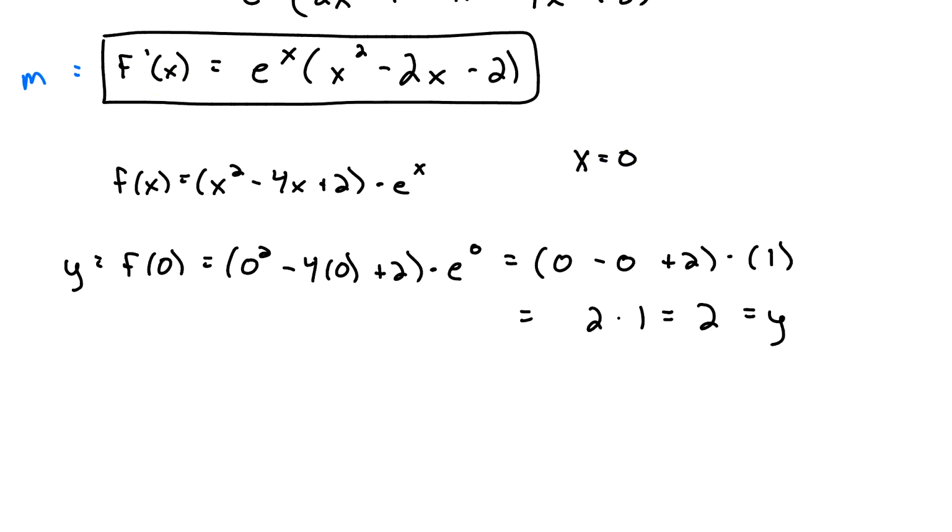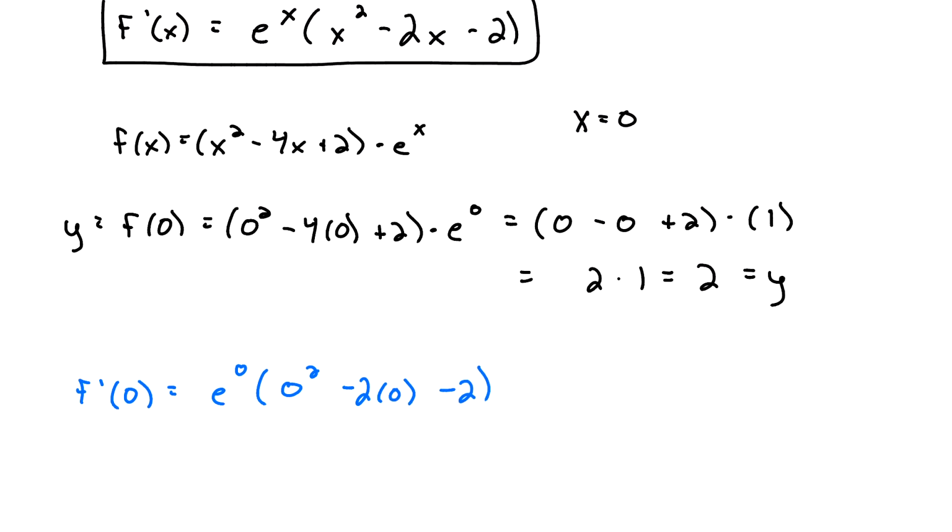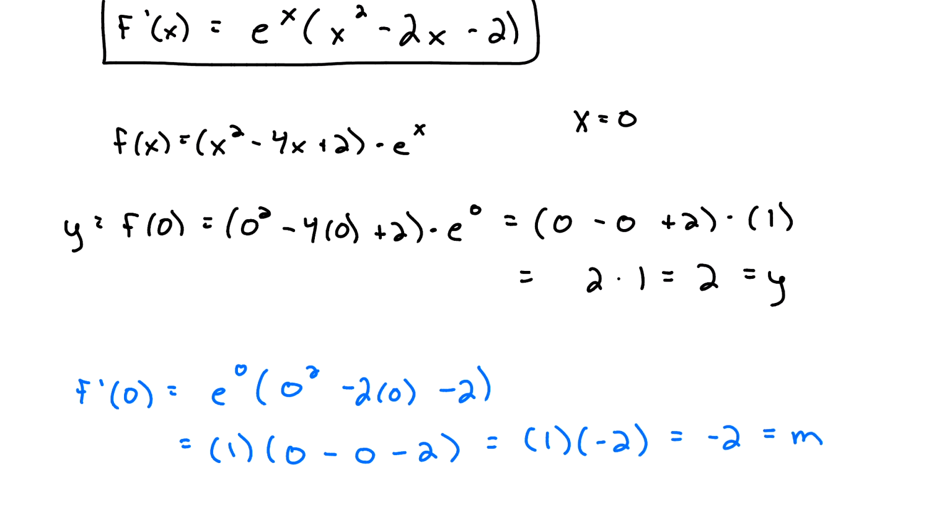So my next step, we'll say f prime of 0 is equal to e to the 0 power times 0 squared minus 2 times 0 minus 2. And again, I'm just going to simplify this as much as I can. We said anything to the 0 power is 1 times 0 minus 2 gives me 1 times negative 2, or just negative 2. There's my slope.